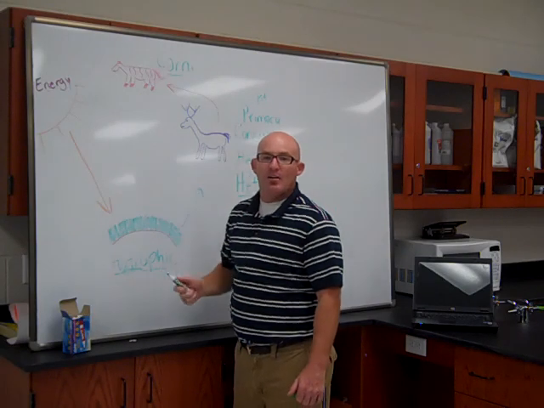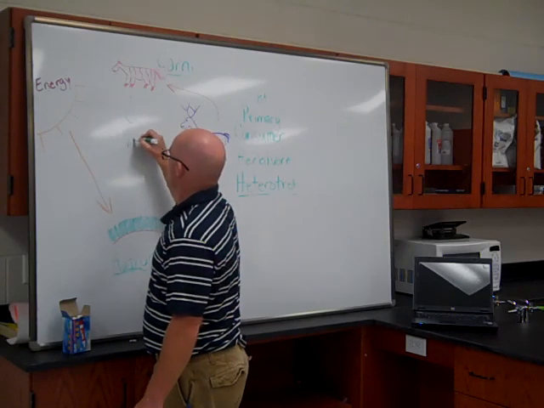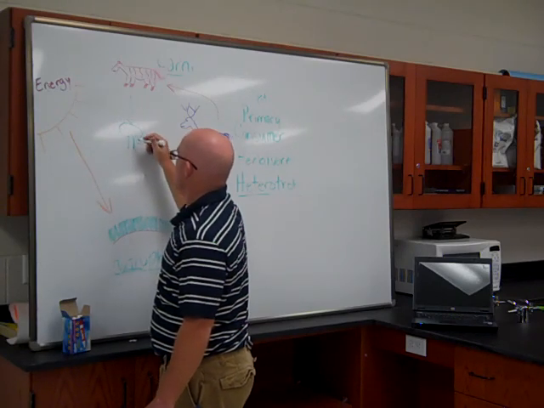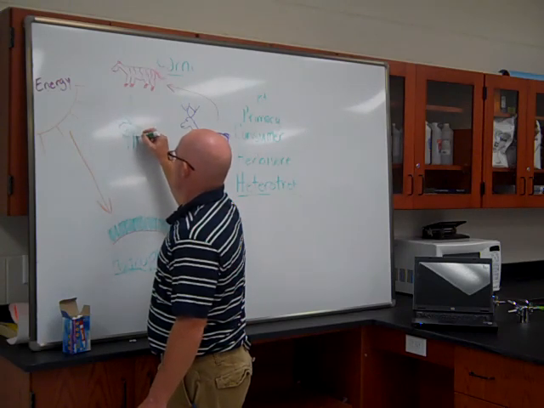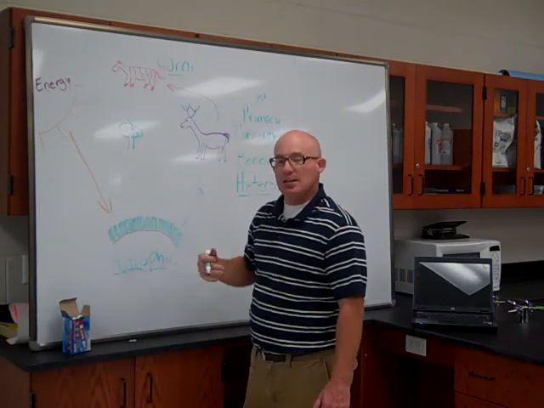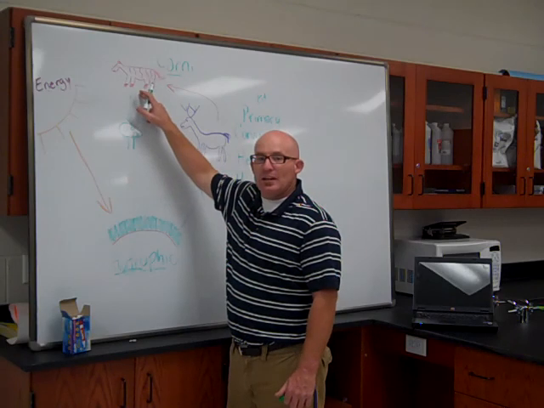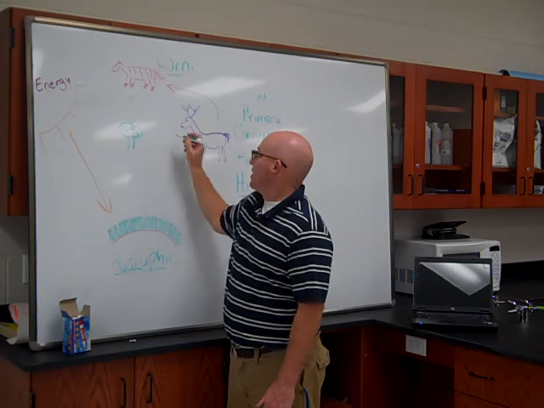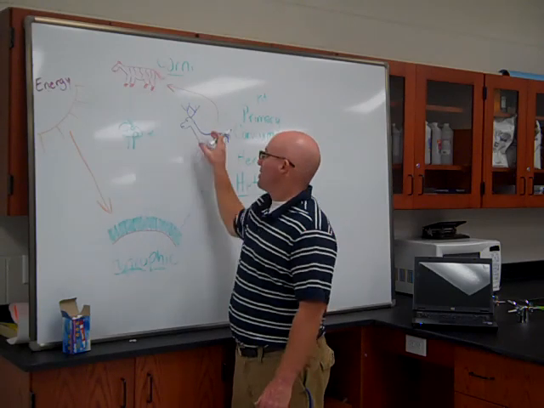Now, we could also add a mushroom here. The mushroom has its little slits, and we'll put some little dots on the mushroom. The mushroom is a decomposer, and so the energy that's left over after the wolf kills the deer, some of this can be left over.